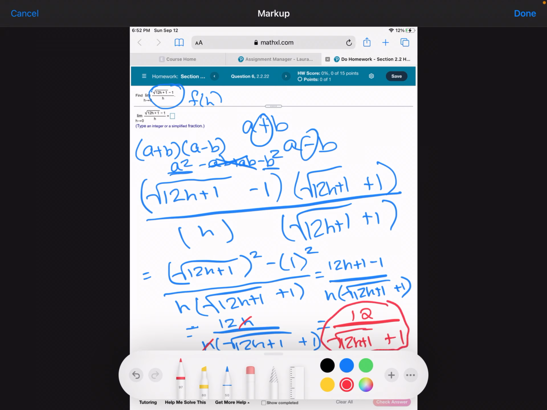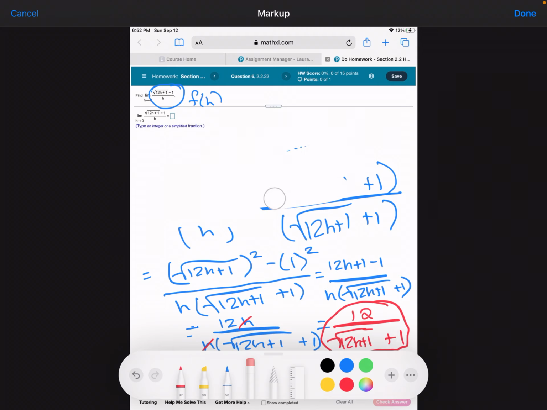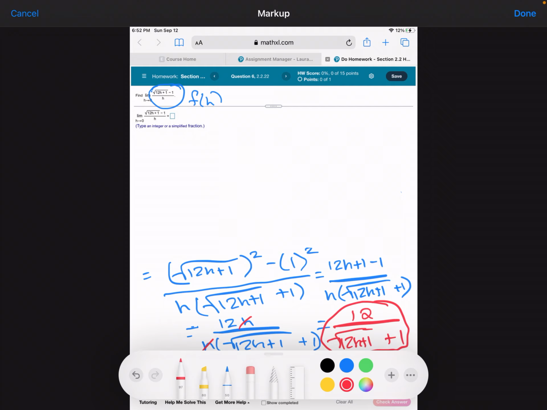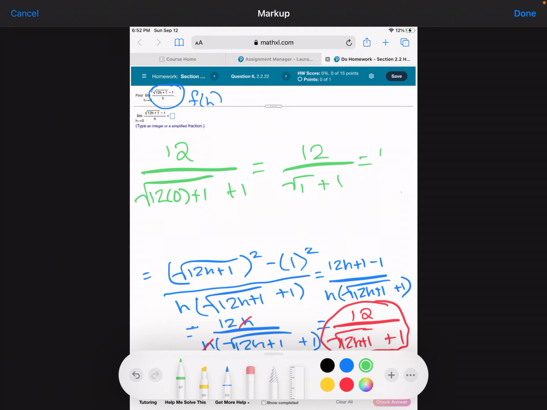Now that we have manipulated it, which is what I meant by play with it, let's try to plug the 0 in again. So 12 divided by the square root of 12 times 0 plus 1, plus 1, is 12 over the square root of 1 plus 1, which is 12 halves, which is 6.